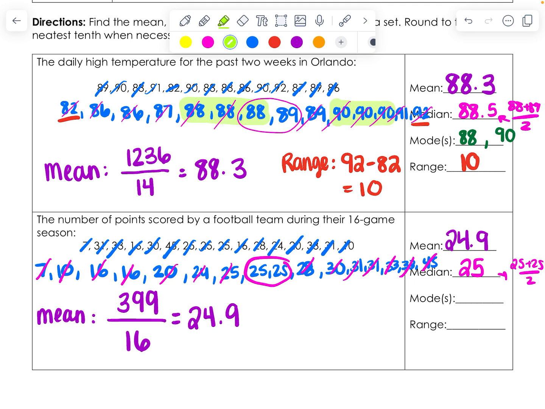Our mode, it looks like the most common number we have is 25. We have 25 listed there 3 times. And our range is the largest number, 45, minus the smallest number, which is 7. So 45 minus 7 gives us 38.